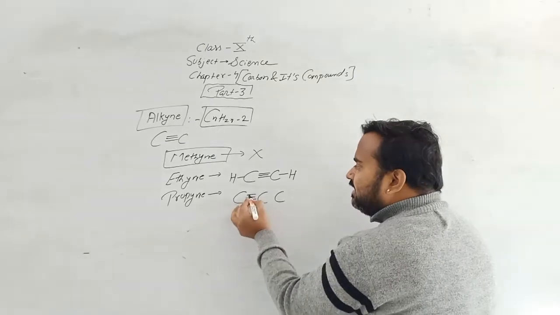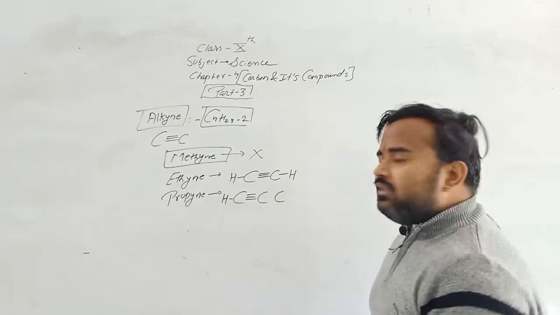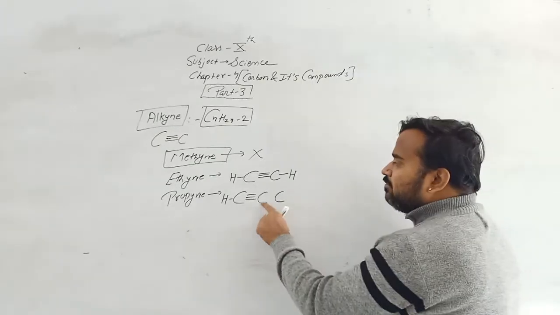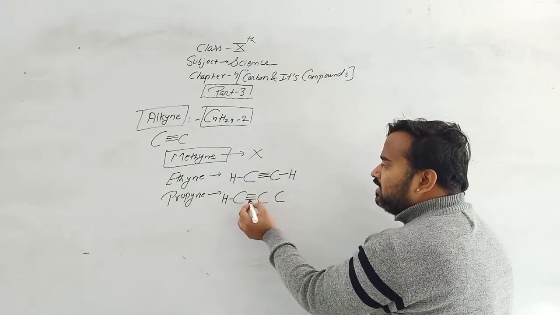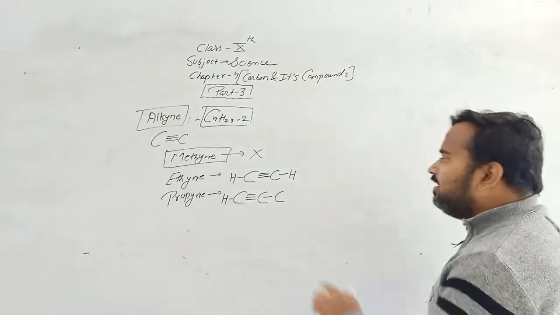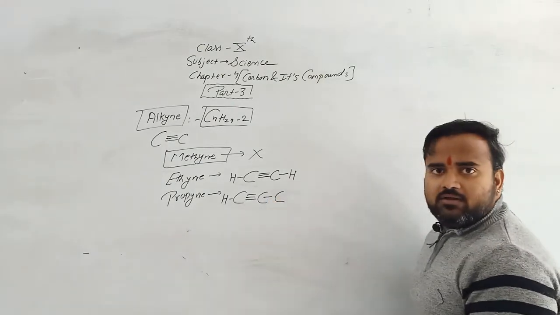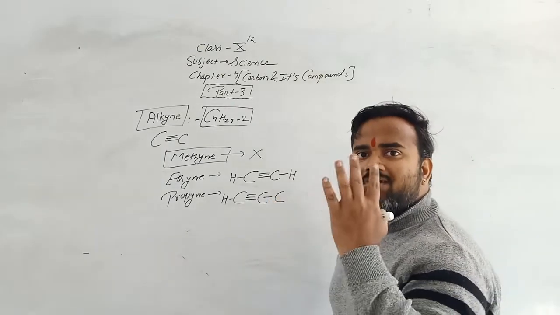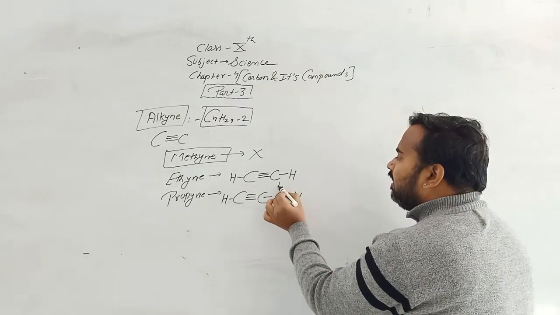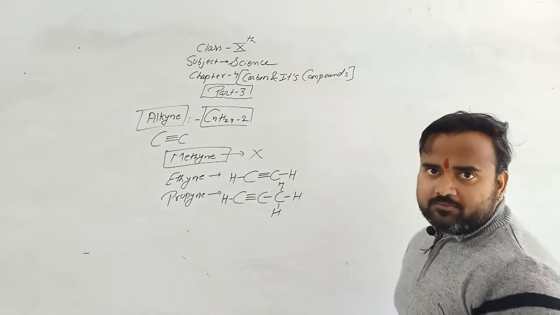This carbon contains 1, 2, 3 bonds, so it will contain one more bond. So the valency of this carbon has been satisfied. Now this carbon contains 1, 2, 3, and this is 4, so its valency has been satisfied. What about this carbon? It contains only one bond, and the valency of carbon is 4, so it will contain 3 more bonds with hydrogen. So this is the formula for propyne.